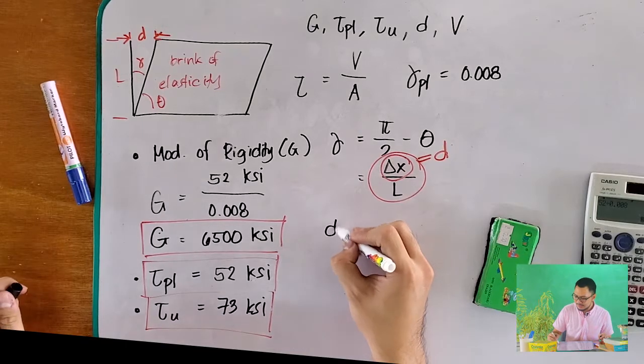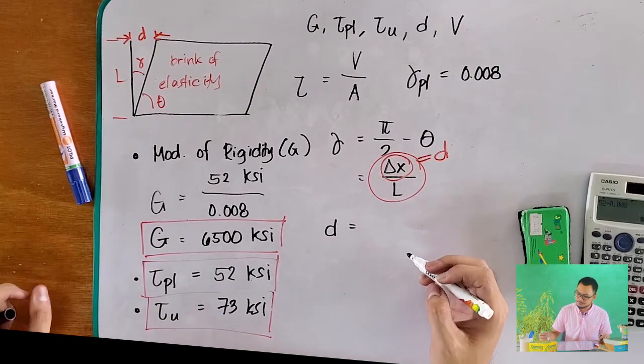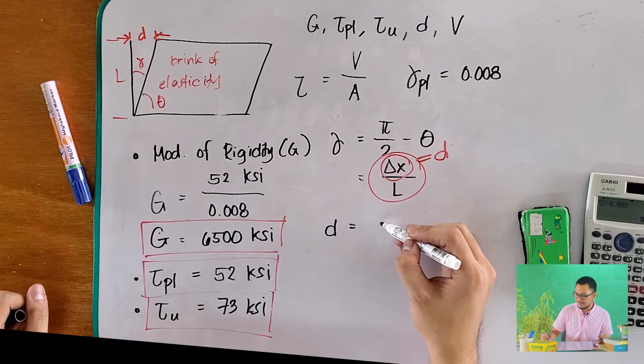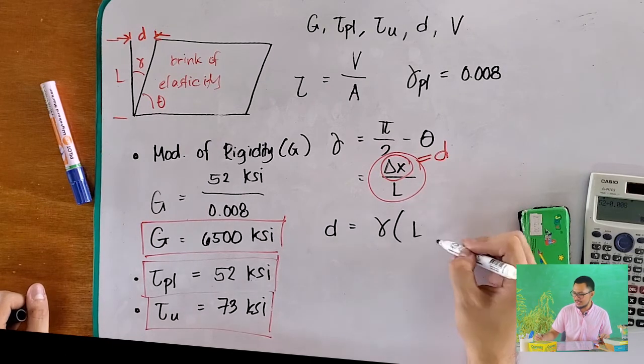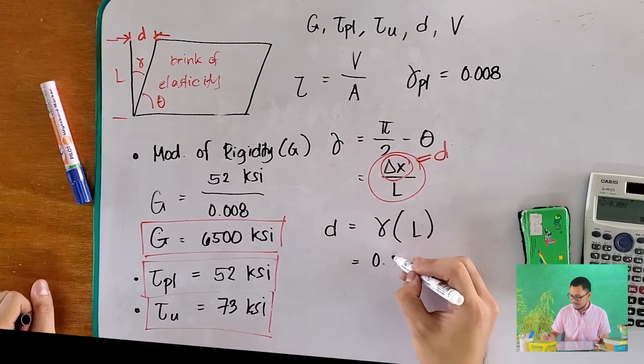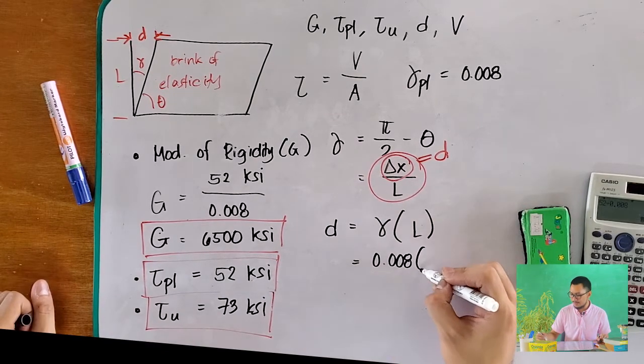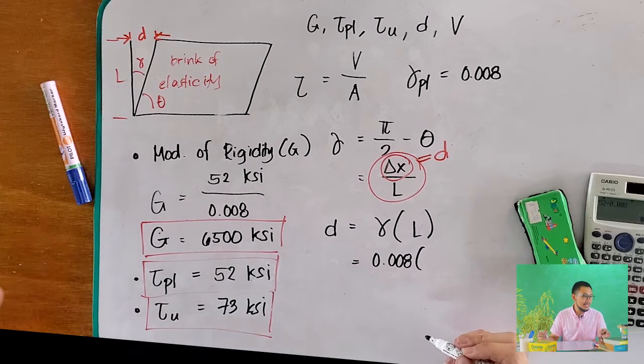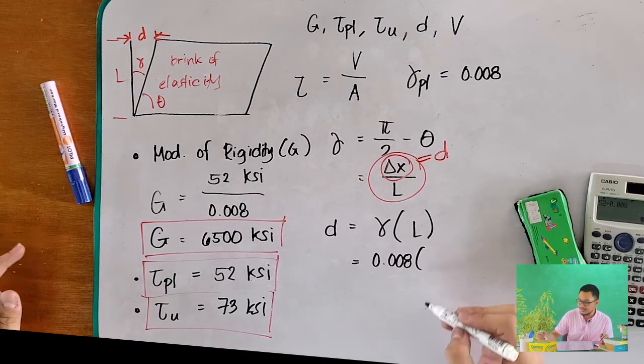So, D is equal to gamma times L. And this is 0.008 times, what is your L? Your L here is 2 inches.